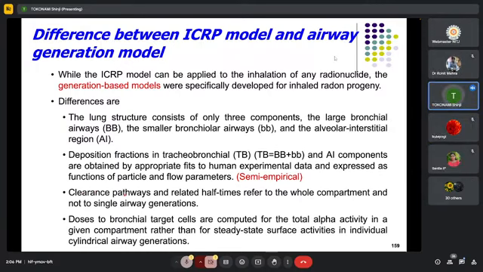The clearance pathways and related half times refer to the whole component and not to single airway generations. Doses to bronchial target cells are computed for the total alpha activity in a given compartment rather than for steady-state surface activities in individual cylindrical airway generations.